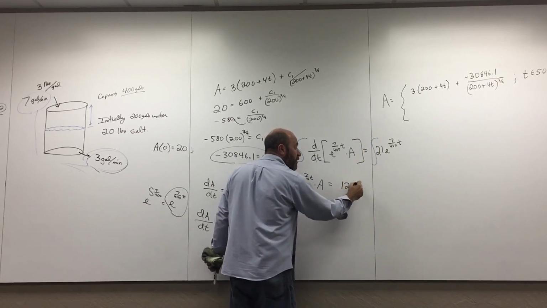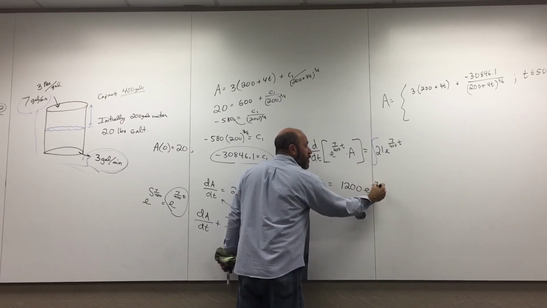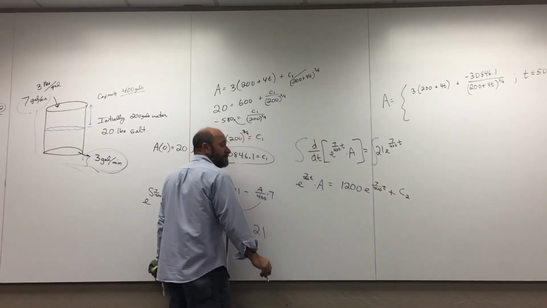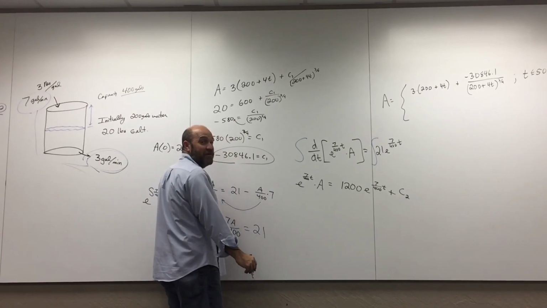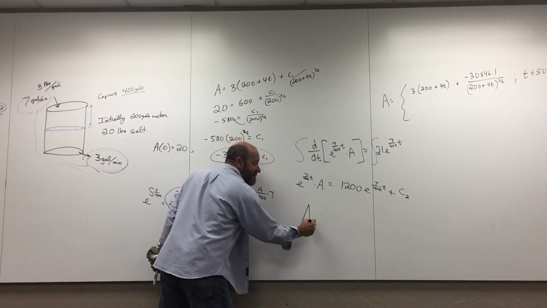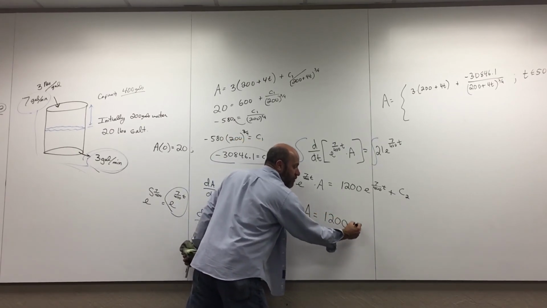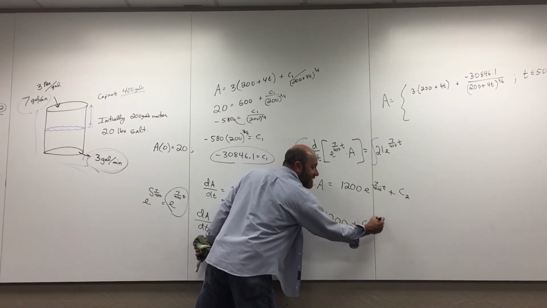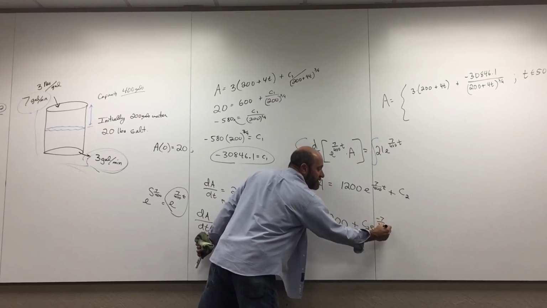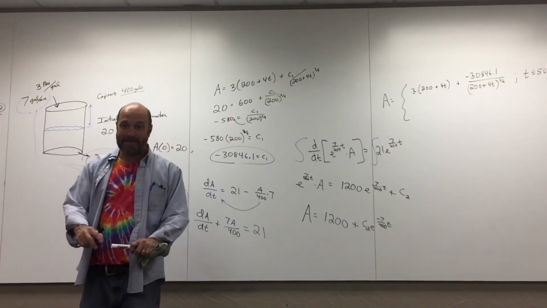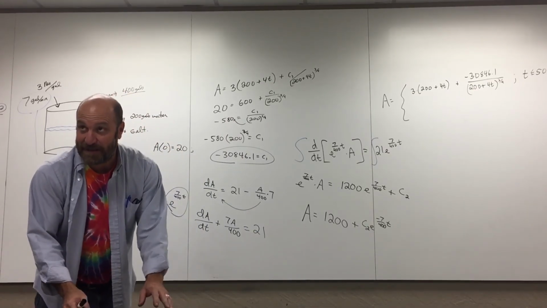Thank you. 1200 e to the 7 over 400 t plus C2. Man, I'm so close. This A is now 1200 plus C2 e to the negative 7 over 400 t. I'm so happy. But I got to find that C2, I guess.